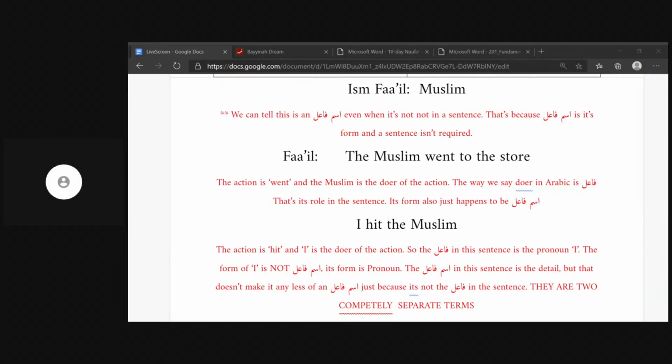The muallim can sometimes be teaching. The muallim can also go to the store. The muallim can also be hit. The muallim can also sleep, right? So while the meaning of muallim tells us that he teaches, and that's what he's being identified by, that doesn't mean he's always going to be teaching whenever you see him. Okay, I hope that's clear now.